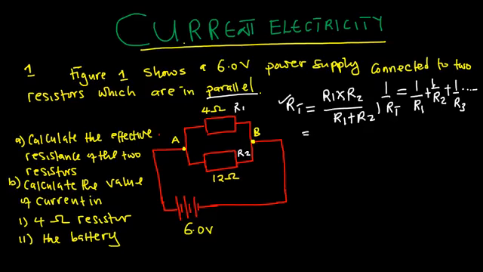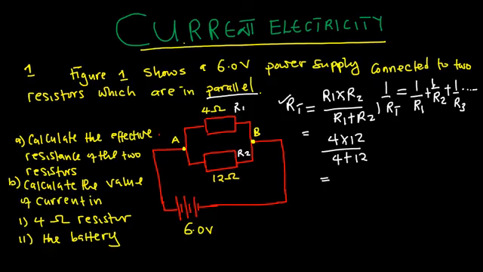On top it requires that we multiply them, which is 4 multiplied by 12, then divide by the sum, which is 4 plus 12. 4 multiplied by 12 is simply 48.